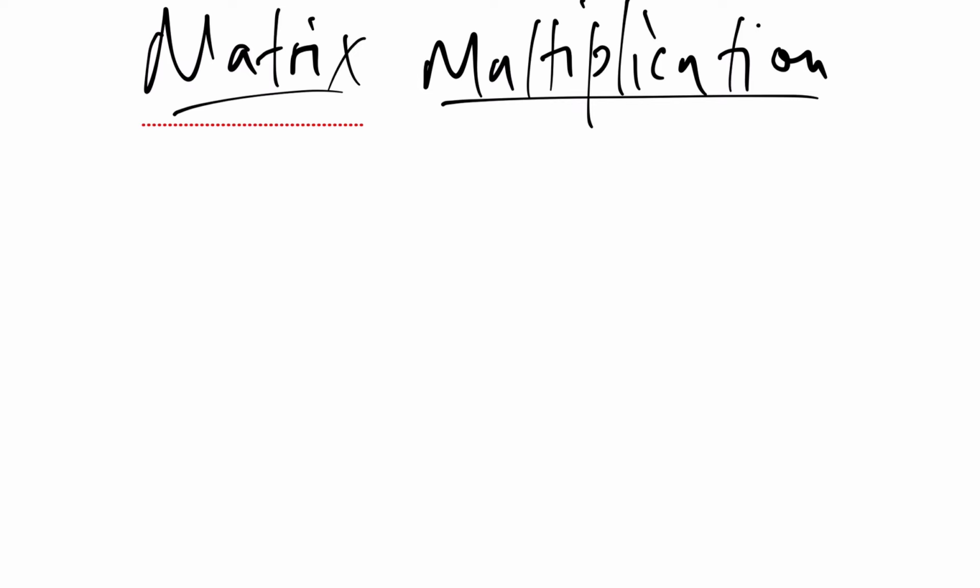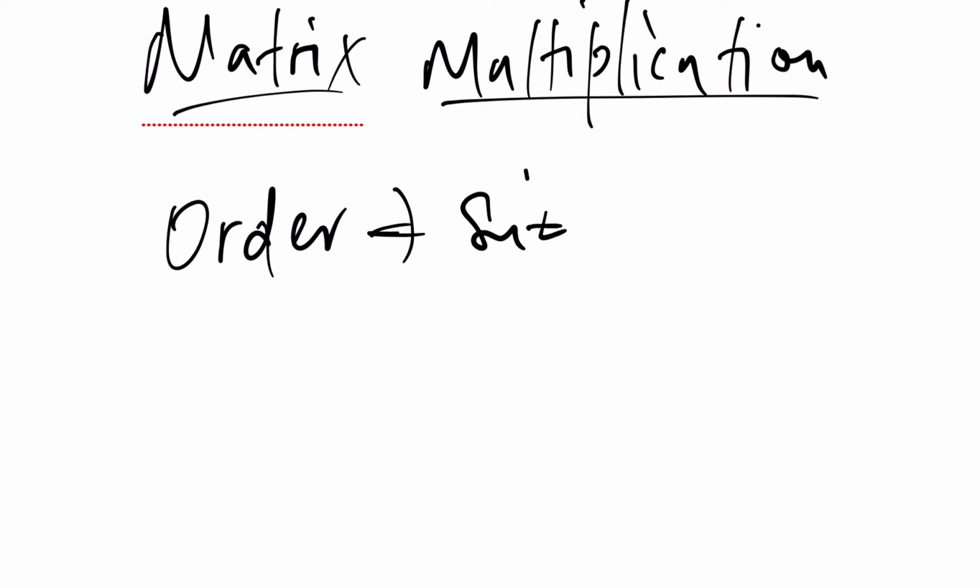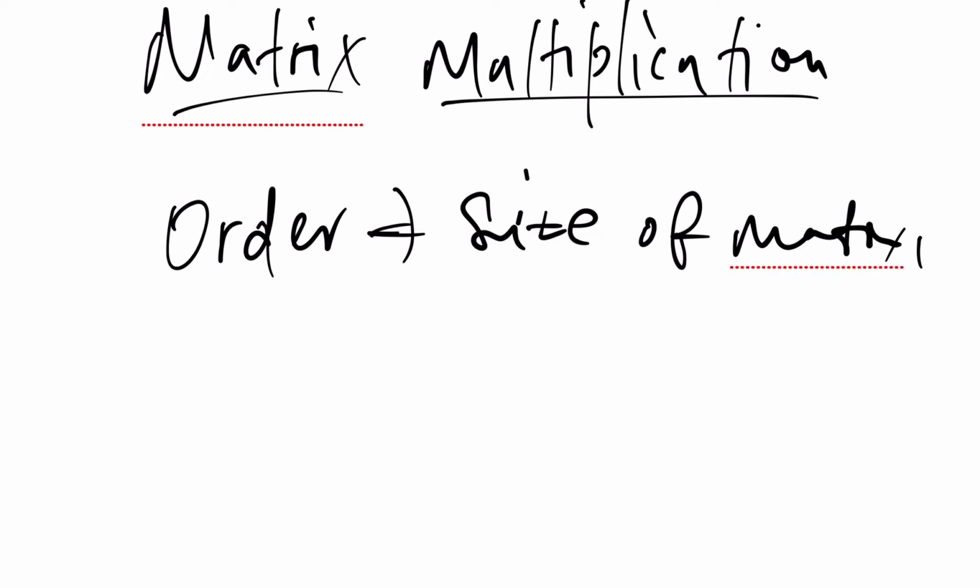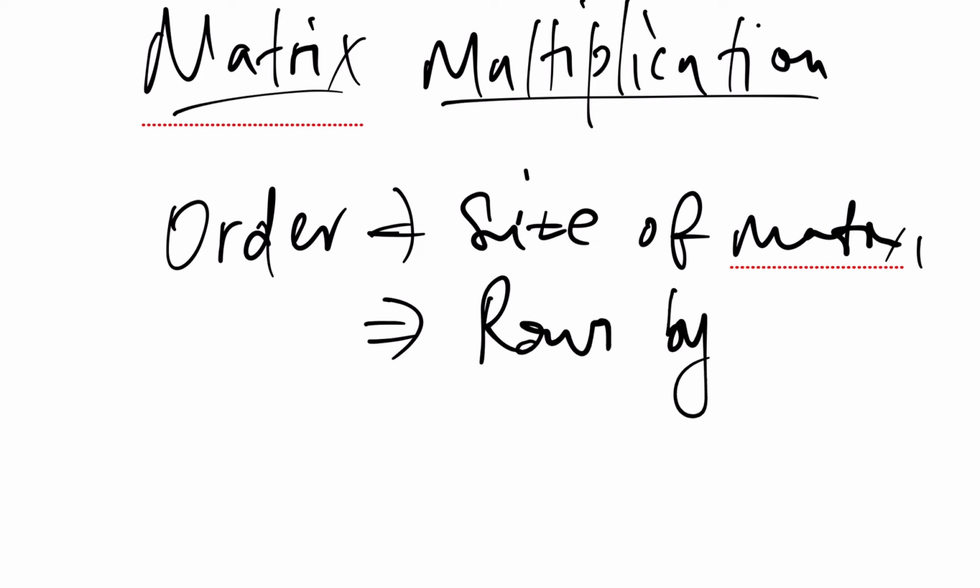In the previous videos, we said the order of a matrix is the size of the matrix, which is determined by the number of rows against the number of columns.